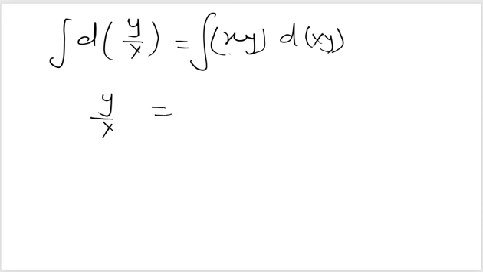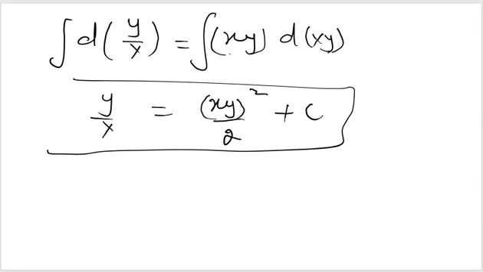Integration of xy with respect to xy is xy squared by 2 plus a constant of integration, and that becomes the answer. So I hope you have gotten the idea how to handle this method of inspection to find the integrating factor, and then it can be solved by using the integrable technique.